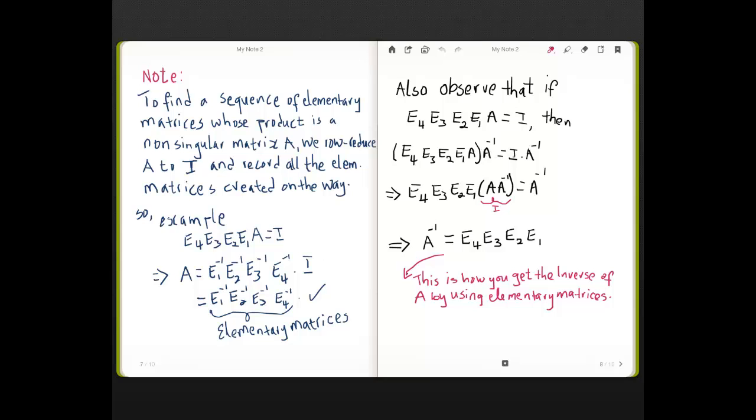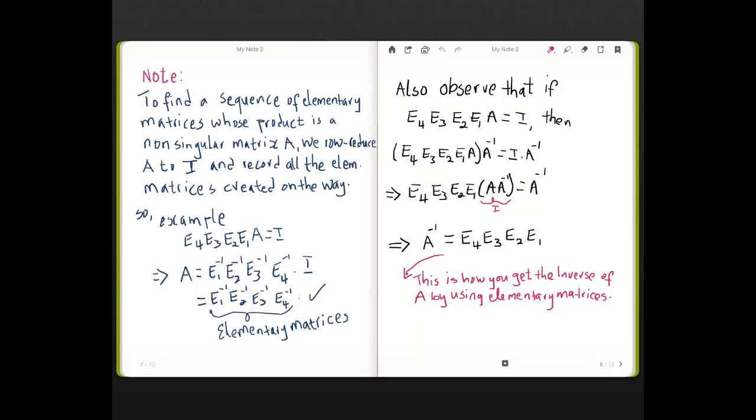But I times A inverse is simply A inverse, and A times A inverse, which I can freely do because of associativity, would give me the matrix I. So I'm left with E4, E3, E2, E1 equals A inverse, i.e. A inverse equals the product of elementary matrices. This is how we get the inverse of A by using elementary matrices.